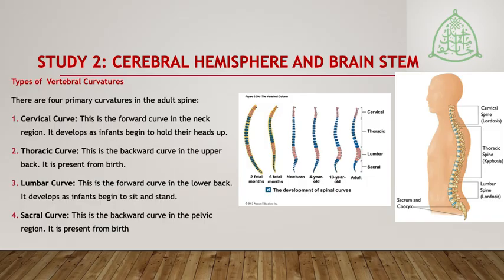Then you have the inward curvature of the lumbar area, and this is important because that curvature allows for the distribution of our weight and allows the baby to sit, and also allows for the equal distribution of the weight when we stand up and walk.